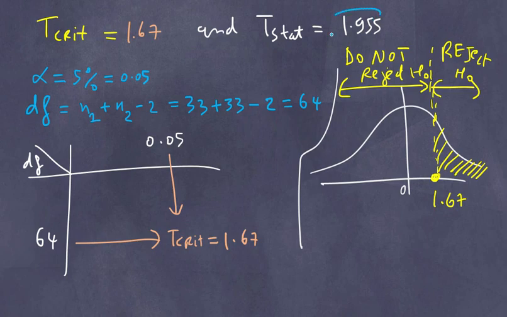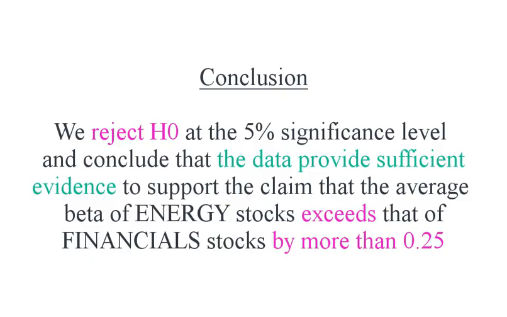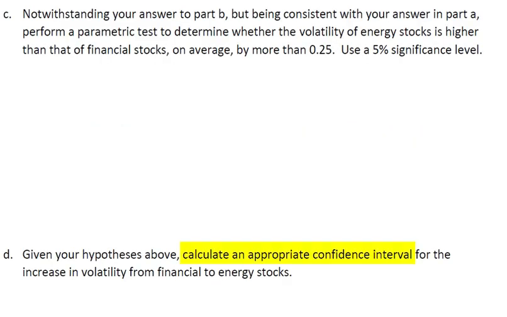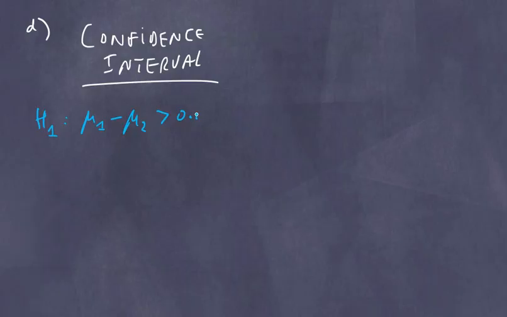But T-stat is 1.955, right? 1.955. So we reject H0. The risk level of energy stocks exceeds that of financial stocks by more than 0.25. H1 says mu1 minus mu2 is more than 0.25, right?